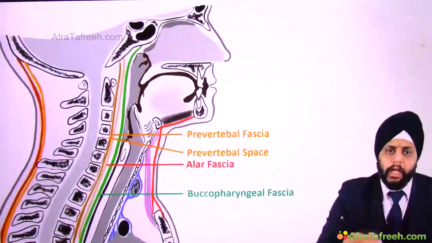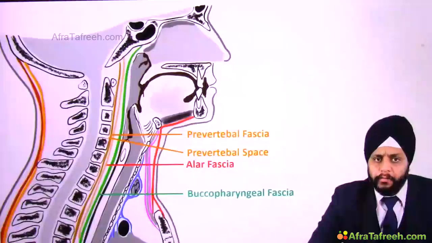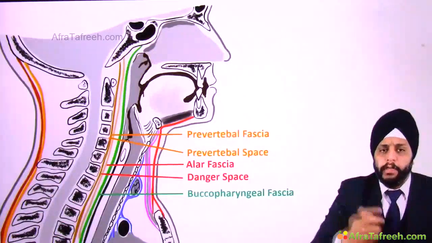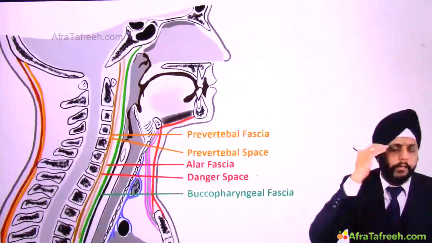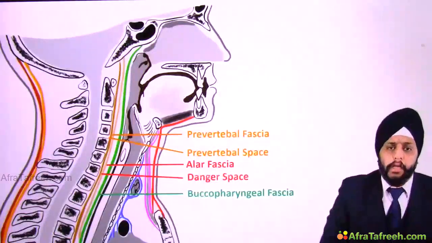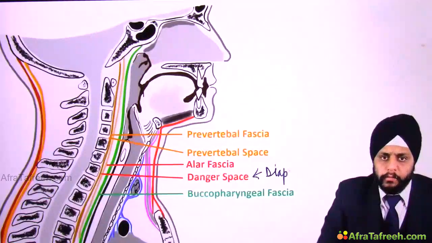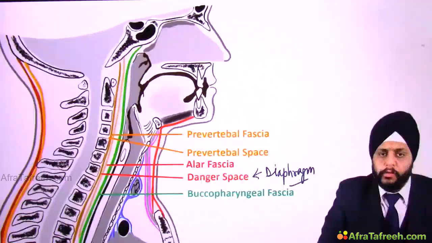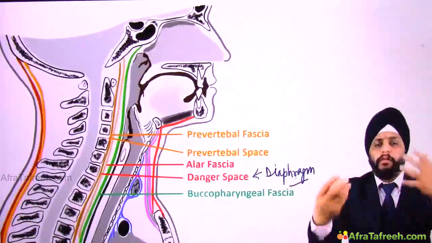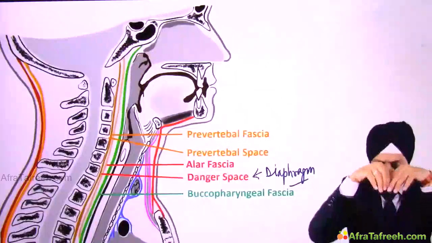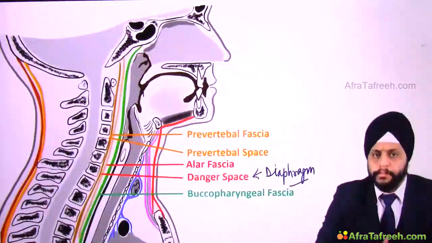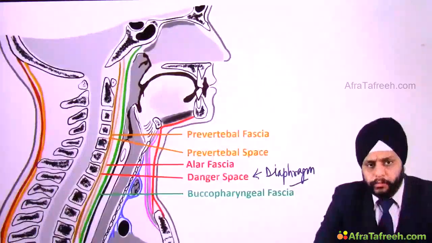Then between the prevertebral fascia and the alar fascia, we have the danger space. So danger space extends from skull base to the diaphragm. Why is it known as danger space? Because any infection that enters into danger space will be taken to the mediastinum. So it will cause mediastinitis.